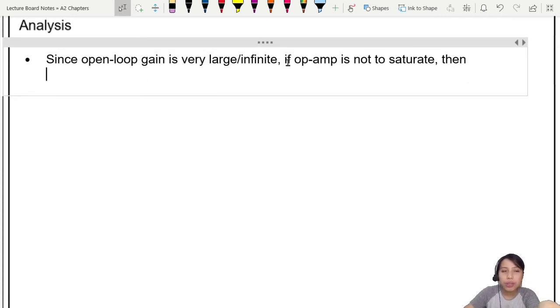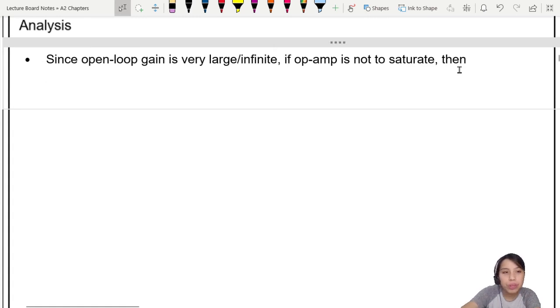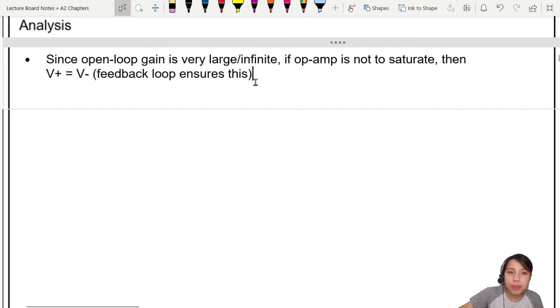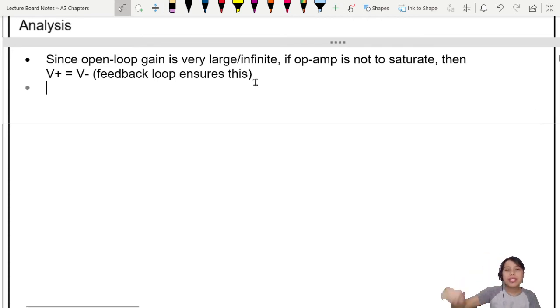You want your V plus and V minus to be the same. So I'm going to write here, V plus equals to V minus, roughly equal to. The feedback loop will ensure that this is true. That's the first thing.